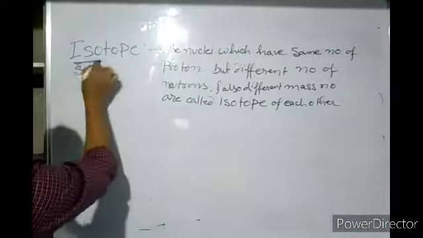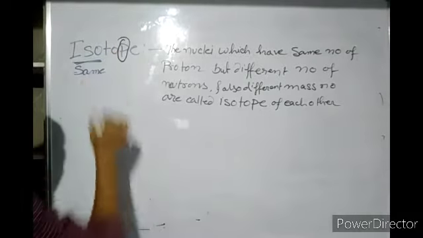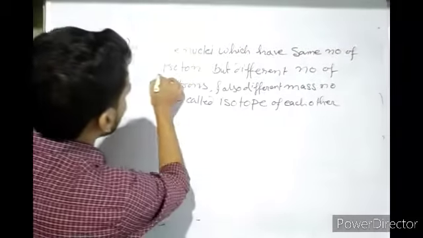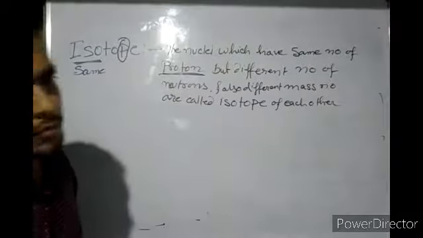Iso means same, and in isotope, P stands for proton: same number of protons. Same number of protons in any nucleus is called isotope.